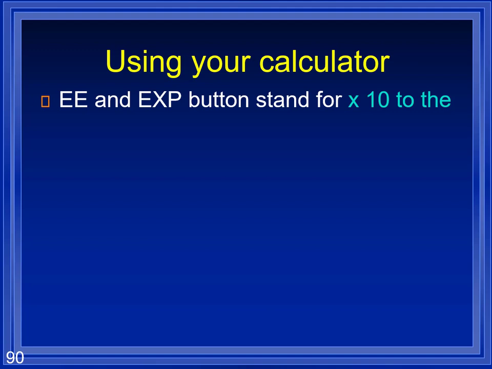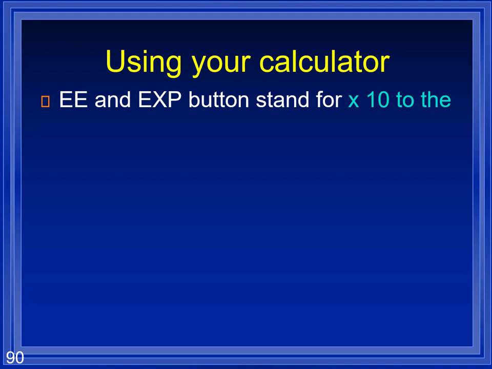So when you push it in the calculator, you type 2.3 times 10 to the, and notice it writes times 10, and then you put in a 3, and that's how you'd write 2.3 times 10 to the third. And that's how your calculator would write it too.